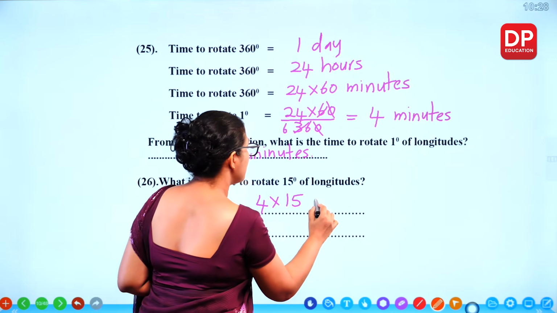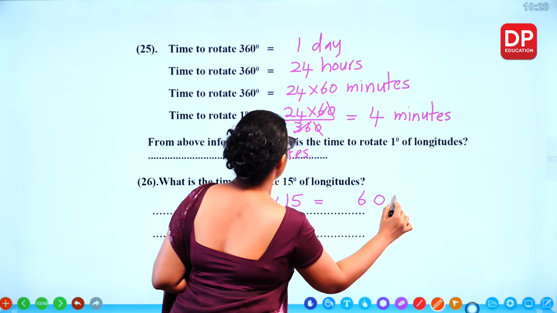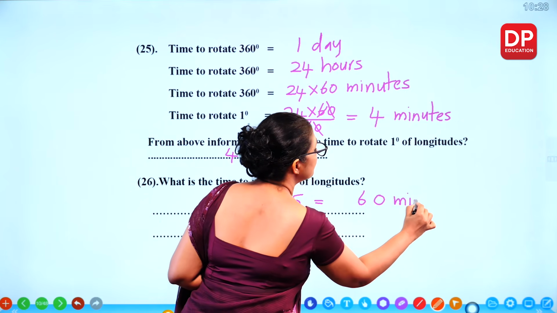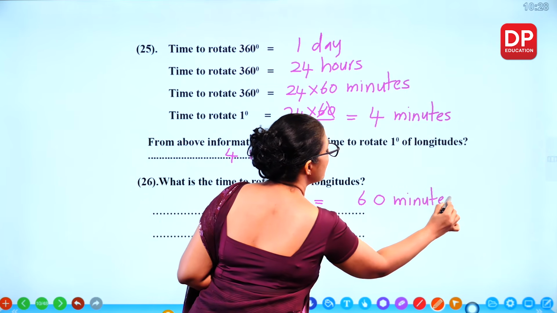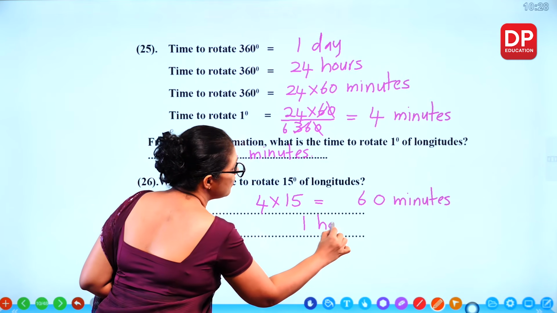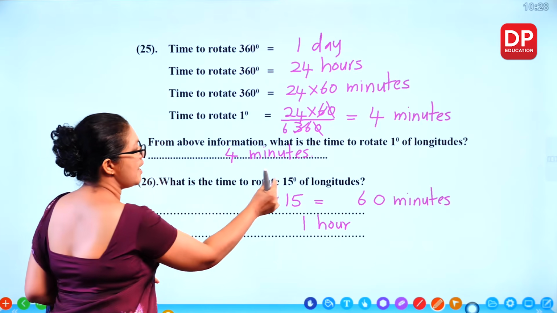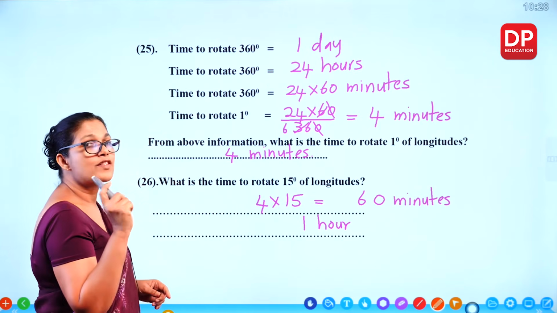So what's the answer? 60 minutes, which means 1 hour. So to rotate a 15 degree angle, it takes 1 hour.